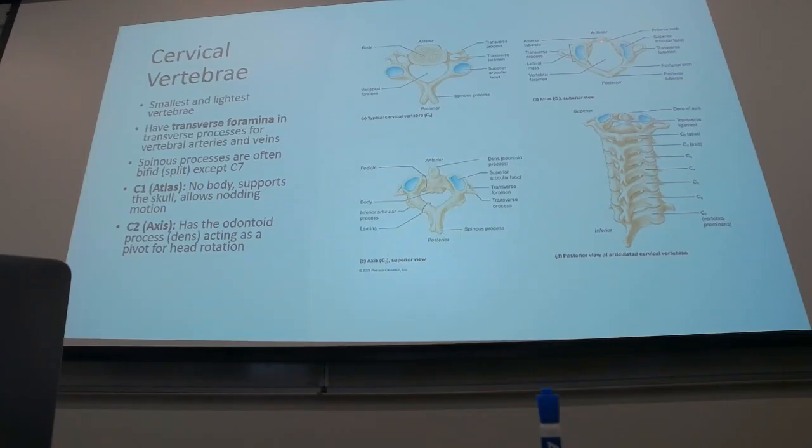So this is the facet for the dens. If you look laterally or superiorly, you will see that the dens fits anteriorly. Let's say this is the atlas, this is the axis. It fits anteriorly like this, and then you can rotate the axis over the atlas so that you can say no.